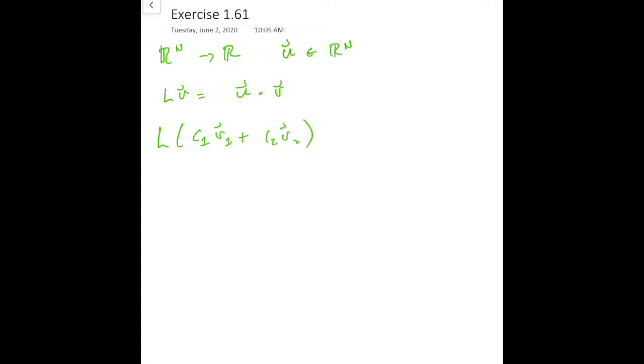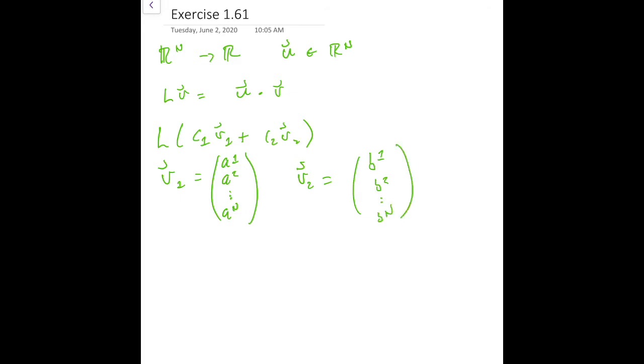Okay, I'm going to say V1 is the vector, I'm going to denote it like this: A1, A2, all the way down to An. And V2 is going to be the vector B1, B2, down to Bn.